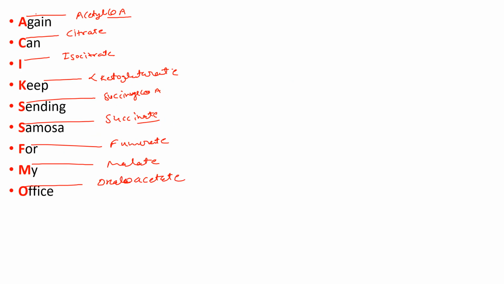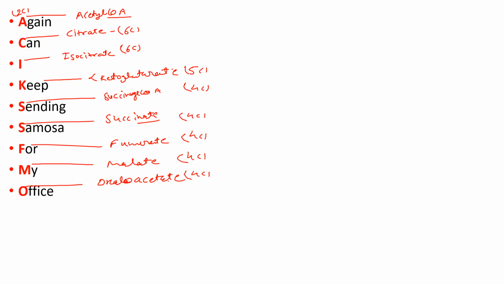Now carbon number: acetyl coenzyme A is 2 carbon, then it forms a 6 carbon molecule which is citrate, 6 carbon isocitrate, 5 carbon alpha ketoglutarate, 4 carbon succinyl coenzyme A, and again all these are 4 carbon molecules.